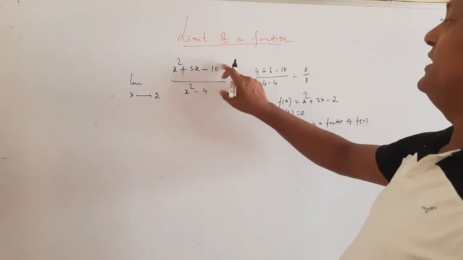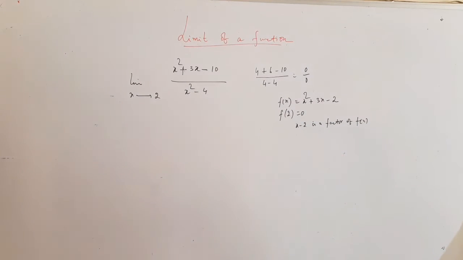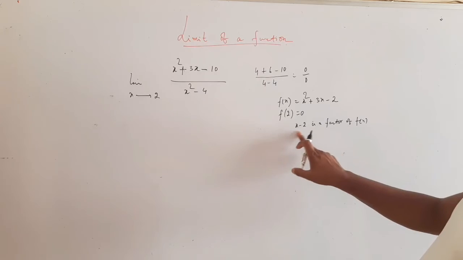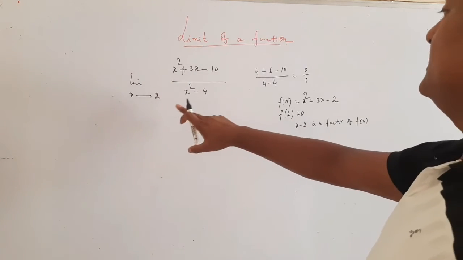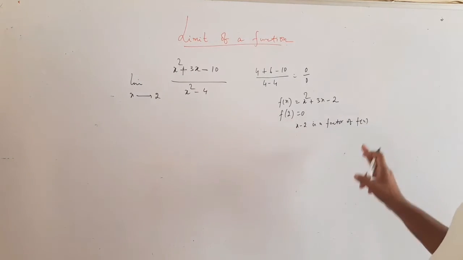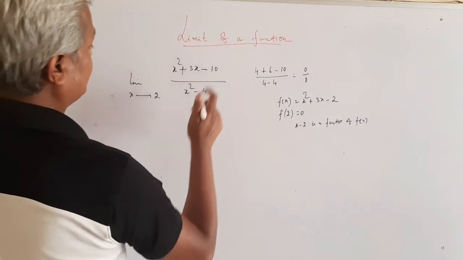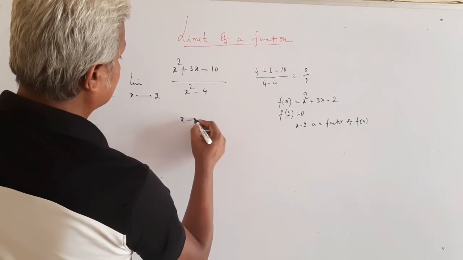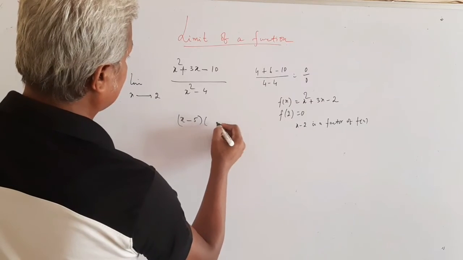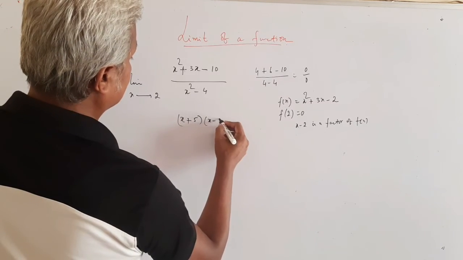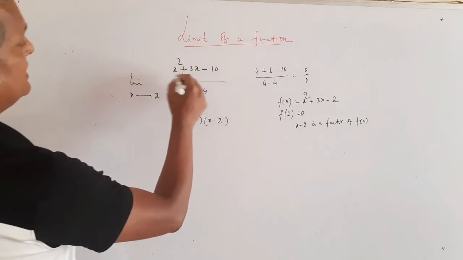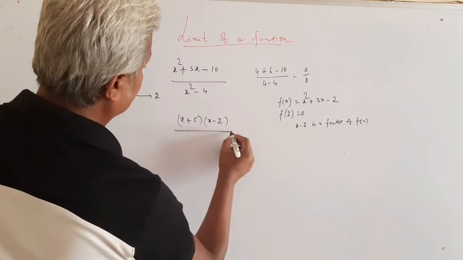So both numerator and denominator have x minus 2 as a factor, because just by putting x as 2, I am getting the value of f(x) as 0. So better I just try to factorize. So this is x minus 5, plus 5x minus 2. Just by middle term splitting, you can find the factorization of this one.